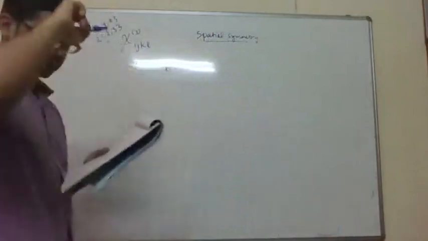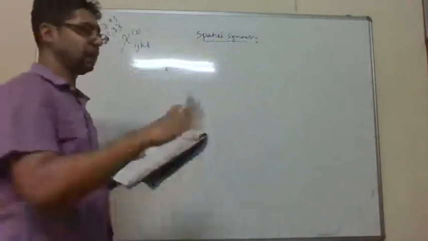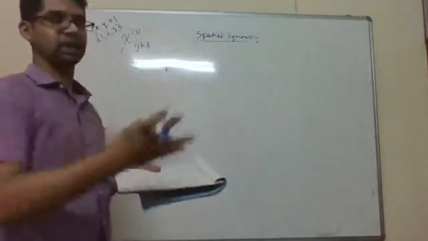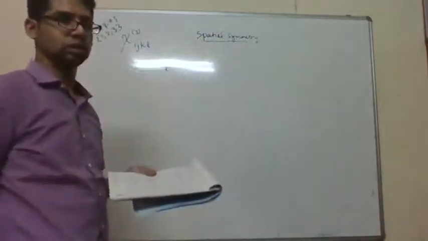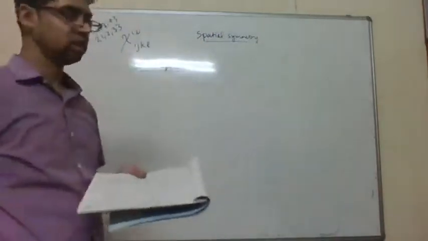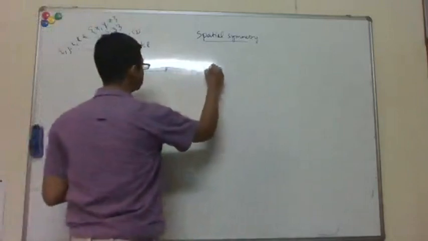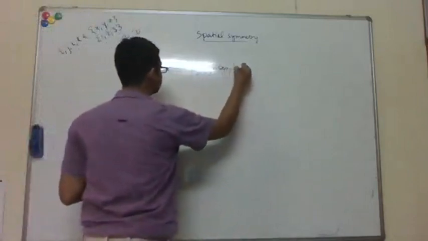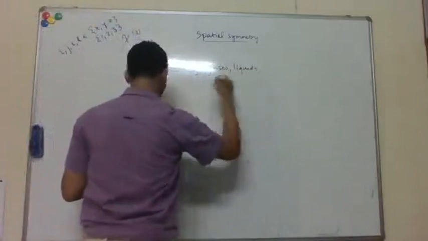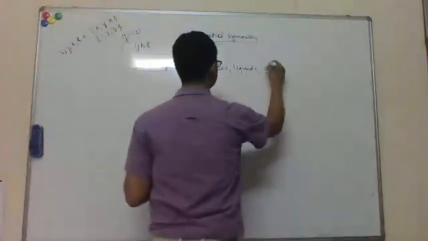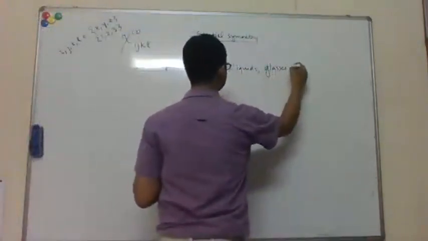Isotropic medium again means that it looks the same in any direction. So I can rotate it by any angle theta about any axis, and it looks the same. Some examples are gases, liquids, glasses or amorphous solids.